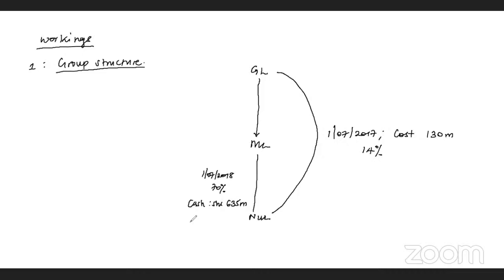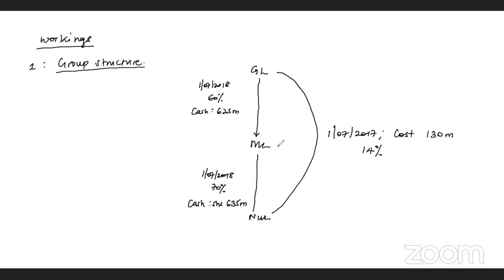On the same date, 1st July 2018, the parent company acquires 60% in ML, where the cash consideration was 625 millions. Try to follow the question and see where I'm getting these figures from.